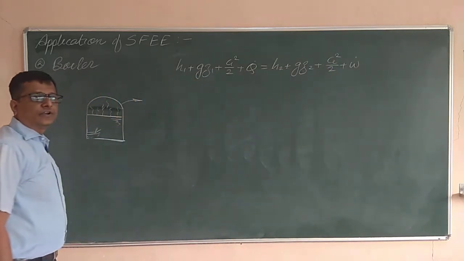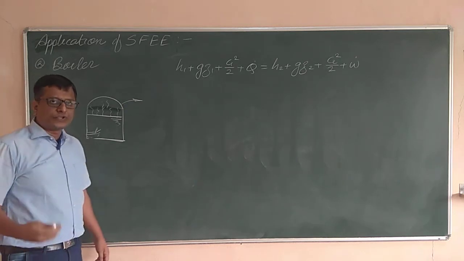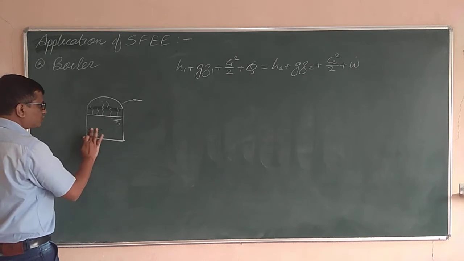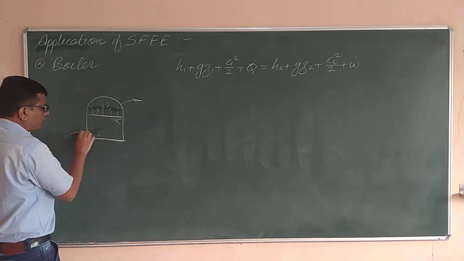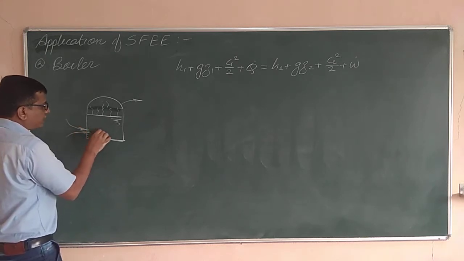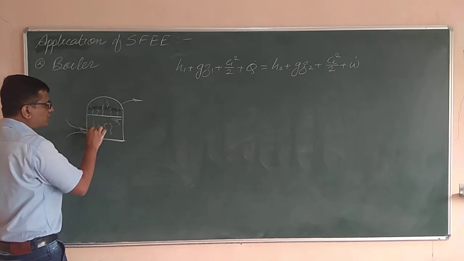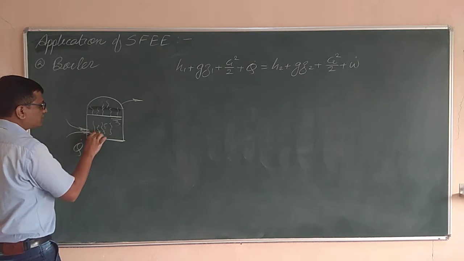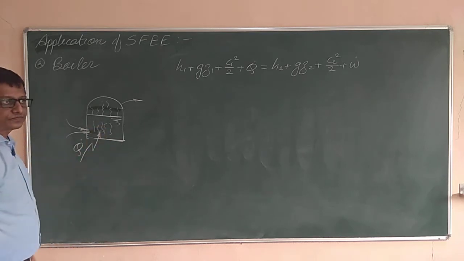So this is the steady flow energy equation, and we all know that in case of a boiler we provide the heat. Since we burn the fuel, we feed the fuel as well as air, and we burn the gases over here. So in short, there is a transfer of heat taking place across the system boundary, and that is Q dot.